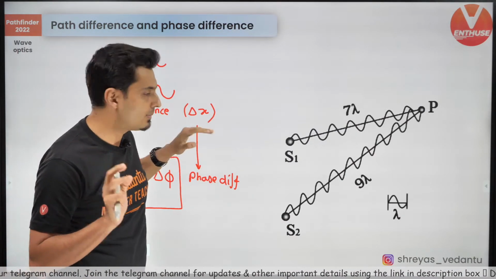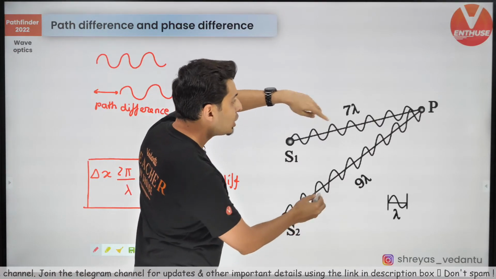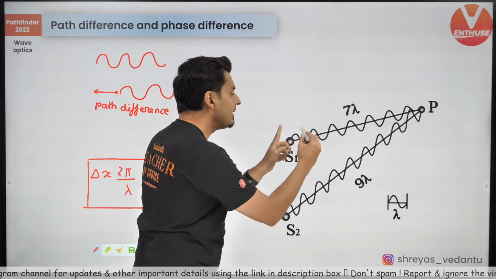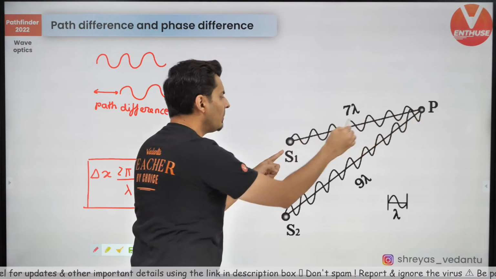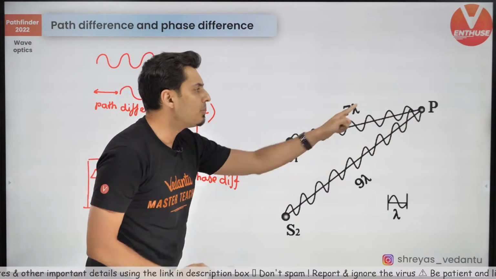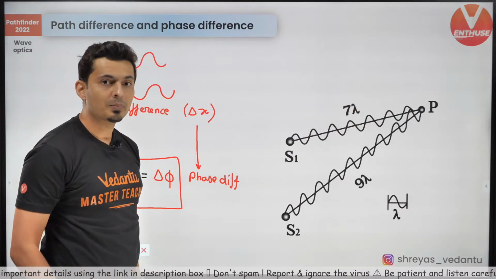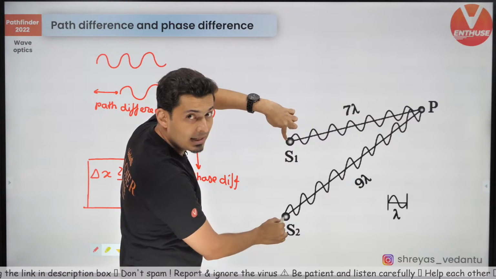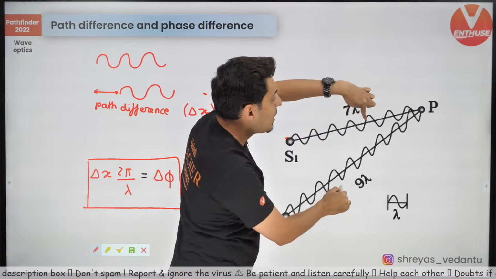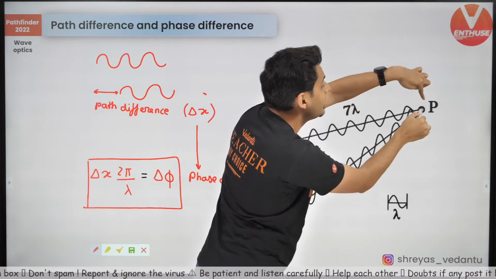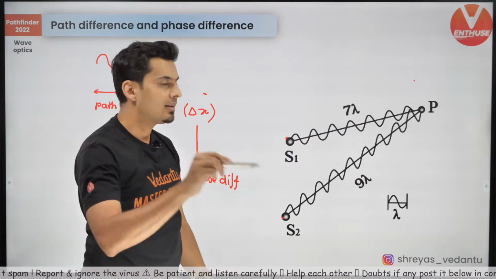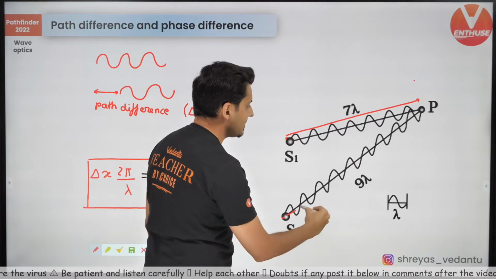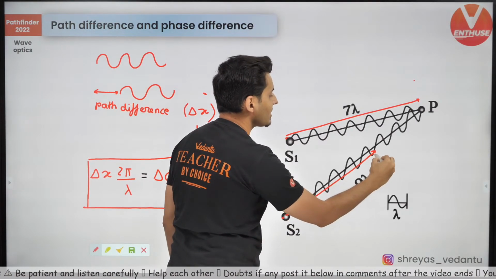But you are at some random point, and maybe that point is closer to source 1 and far away from source 2. That means although I might generate crests simultaneously, the crests may not reach here simultaneously. The crest generated here might reach first and the crest generated here might have just reached here.